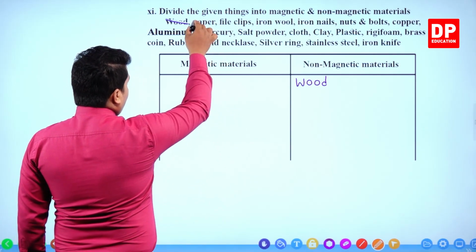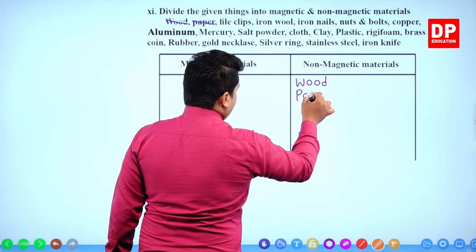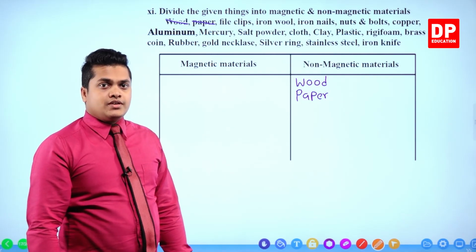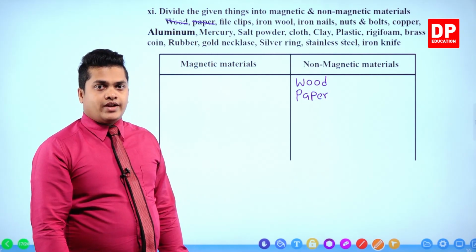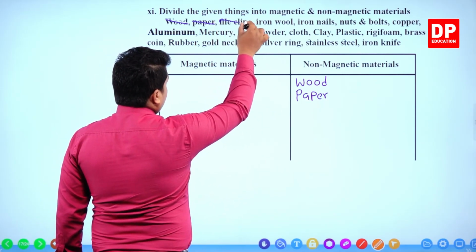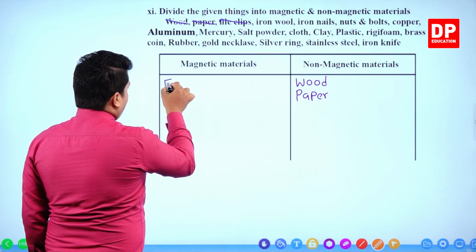Next one, paper. Paper is also a non-magnetic material. Paper is not getting attracted towards a magnet. So it is also a non-magnetic material. Next one, file clips. File clips, that's a magnetic material.